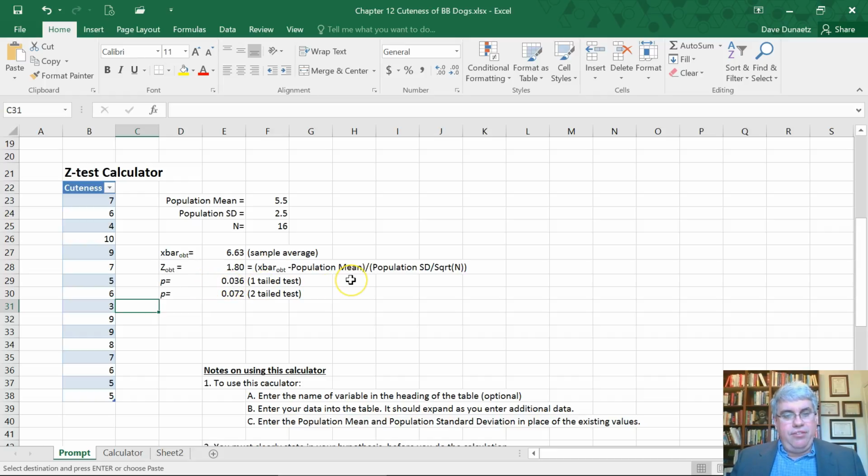So that's less than alpha equals 0.05, which we usually have as our comparison level. Since this p-value is less than 0.05, it's significant. So we can conclude that yes, dogs really are cuter than the average Beanie Baby.